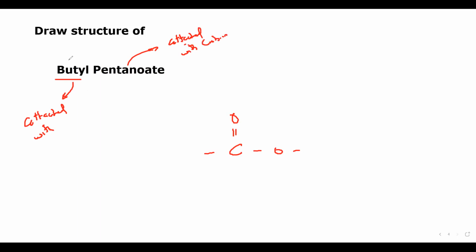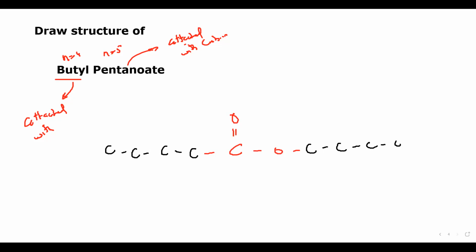So butyl means 4 carbons and pent means 5 carbons. So 4 carbons are attached with oxygen: 1, 2, 3, 4. And 5 carbons are attached with the carbon. So 1 is already there, we don't have to draw that. Then 2, 3, 4 and 5.